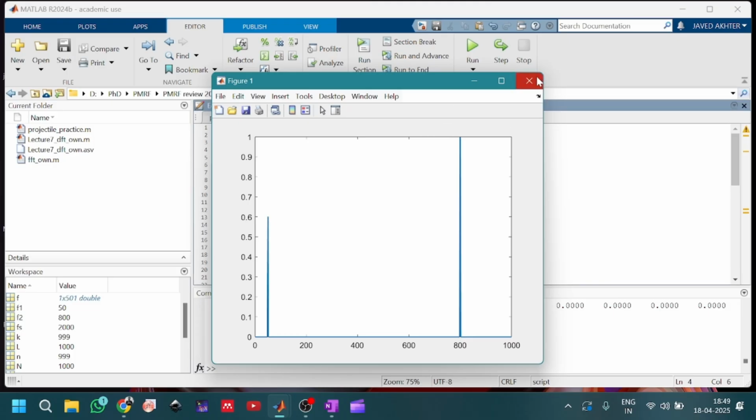That is why it is important, if you are working with a system, to first speculate what the maximum frequency is that you are dealing with, and make the sampling rate at least twice of it. So it will be good to increase the sampling rate.